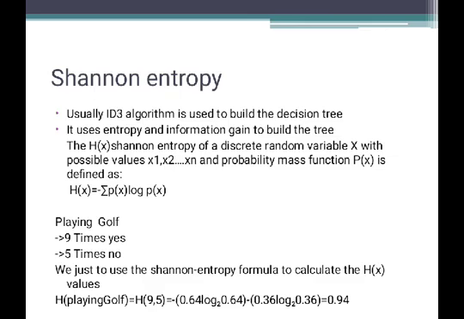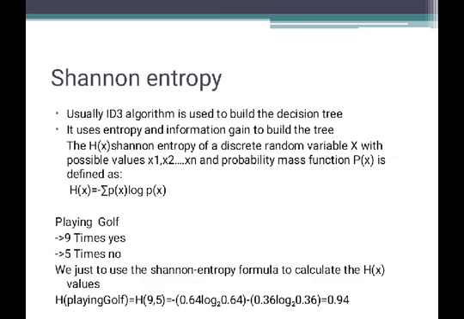The Shannon entropy H of x, of a discrete random variable x with possible values x1, x2, x3, and so on up to xn, and probability mass function p of x, is defined as H of x is equal to minus sigma p of x log p of x.